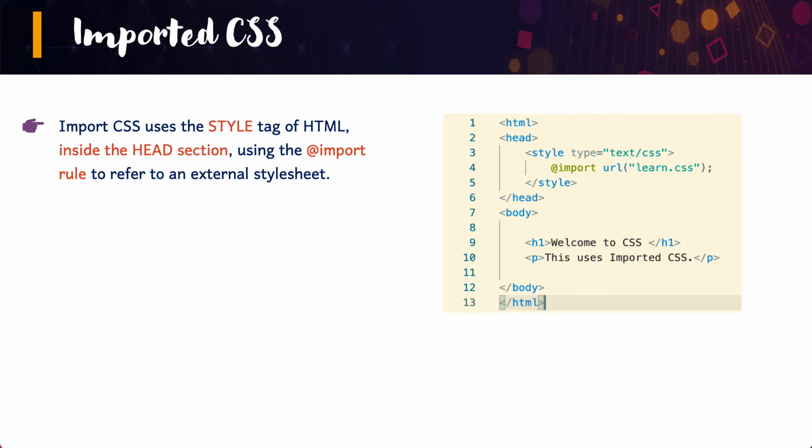The difference is that we don't use the link tag unlike the external CSS. We use the style tag and we use the @import rule. With the @import rule, we refer to an external CSS. In the example, you can see we are referring to a file called learn CSS. Everything else is the same.